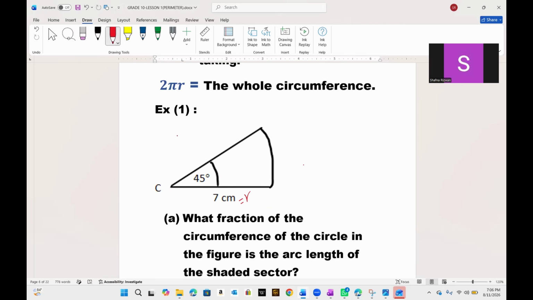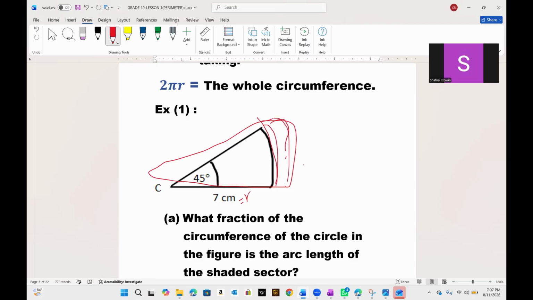They are asking you what fraction of this whole circumference of the circle in the figure is your arc length. That means how much of the circle are you taking, how much of the circumference of your circle?